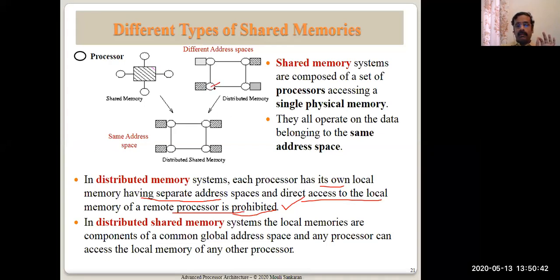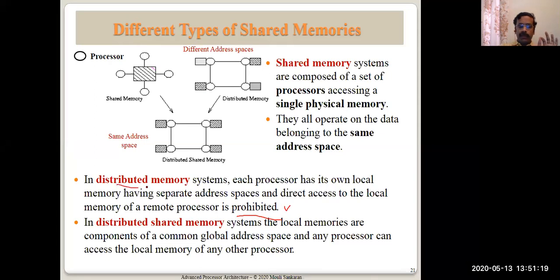Maybe some OS will be running and giving a specific access permission. I'm not saying that the CPU will be involved, but the OS running on it will be notified. Any operating system running might give a special permission that any process running on this processor will be allowed to access it. Without that, it will not be allowed. That's what it means by directly accessing it by a remote processor. So don't take this statement too much to heart.